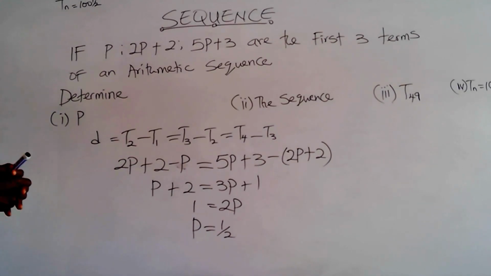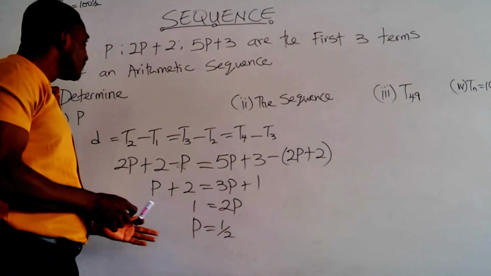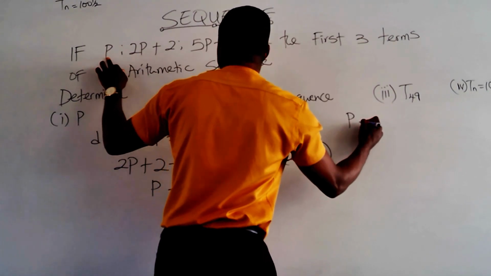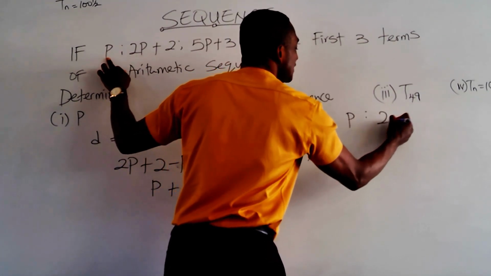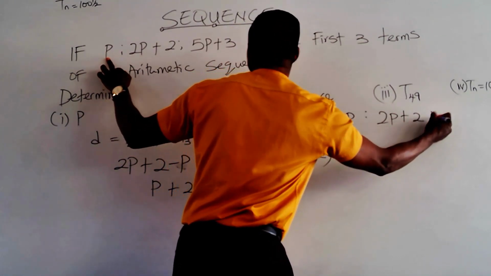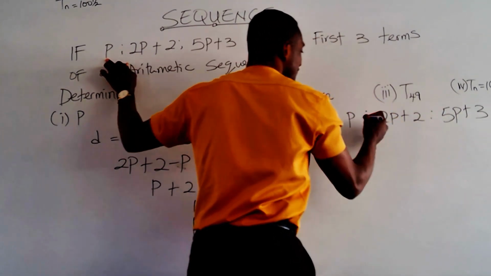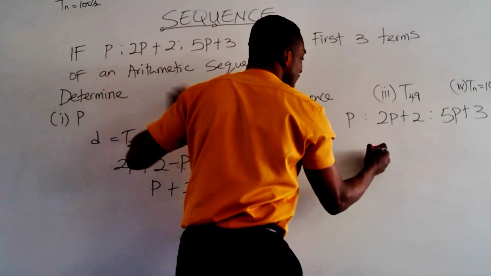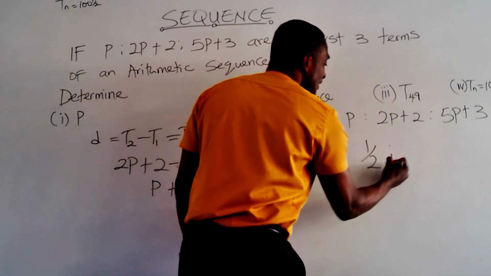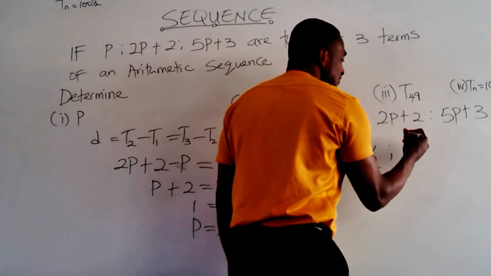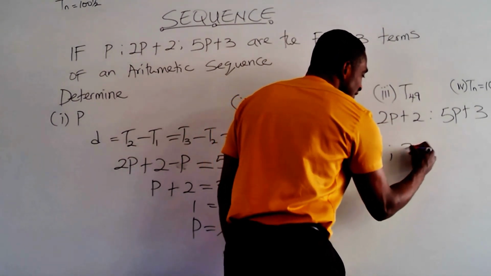Now, let's go on and answer the next question. The next question is asking us, if p is a half, to figure out the sequence. Remember the sequence is p, 2p plus 2, and then 5p plus 3. If p is a half, our first term is a half. Our second term is 2 times half, which is 1, plus 2, which is 3.